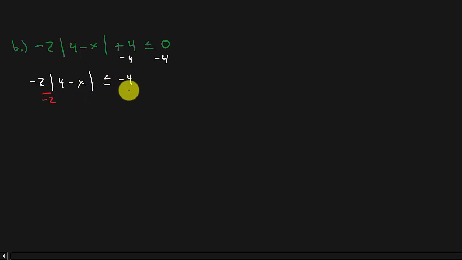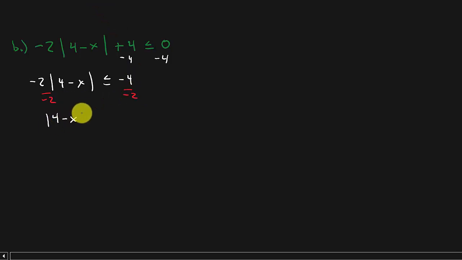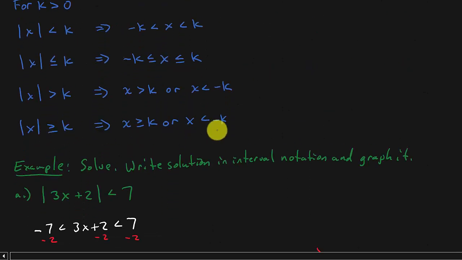And then I'll divide everything by -2. So that's the absolute value of 4 minus x. Now, I divided both sides by -2, so I have to reverse the inequality symbol. All right, so now we've got greater than or equal to. And so that is this one right here.